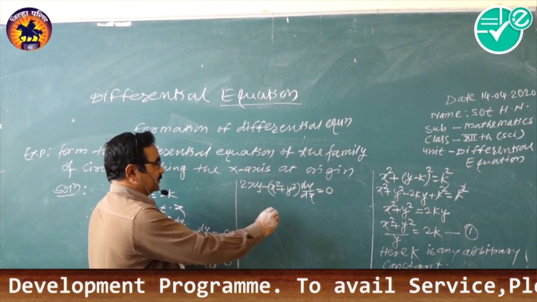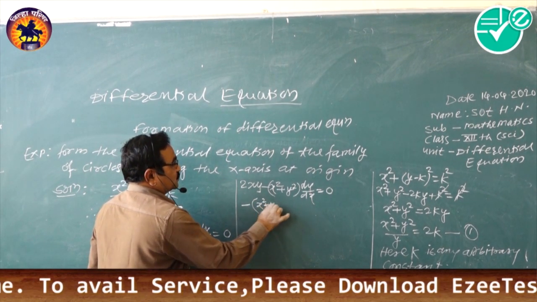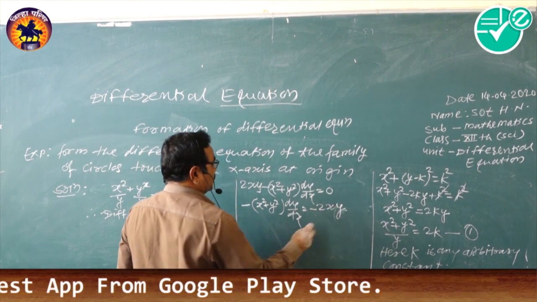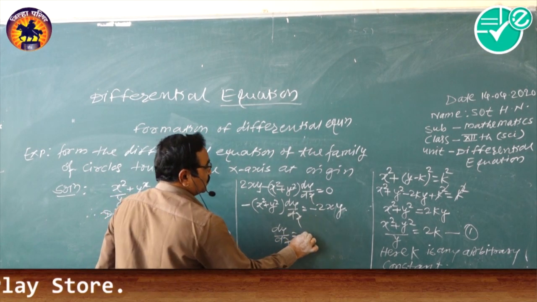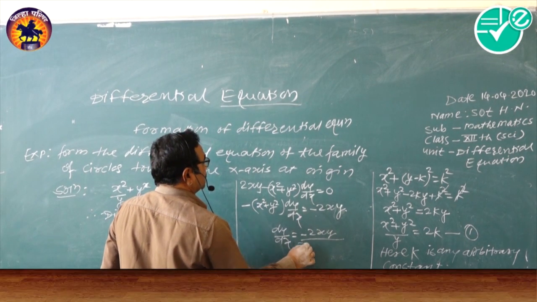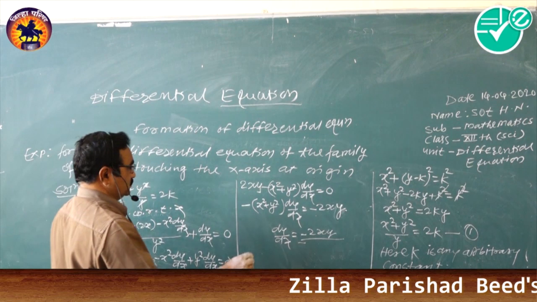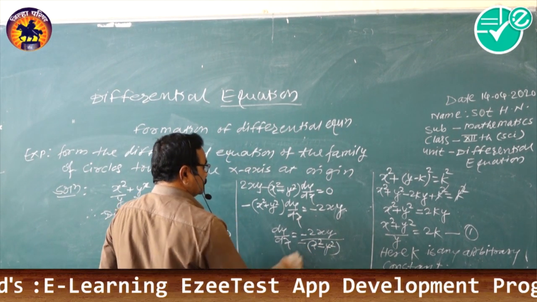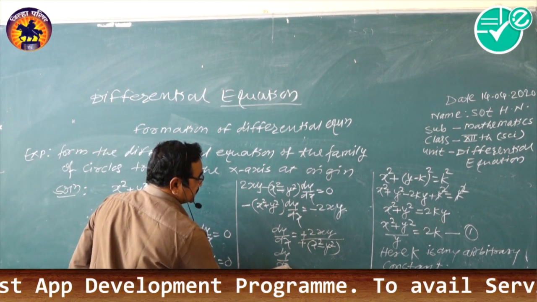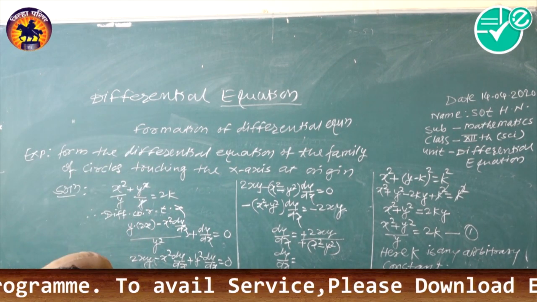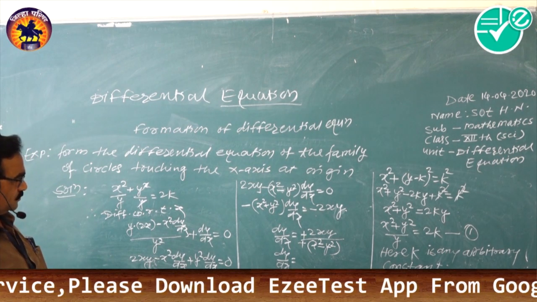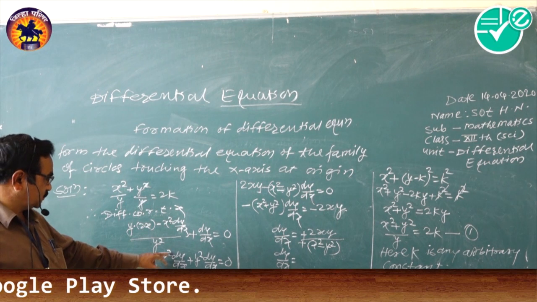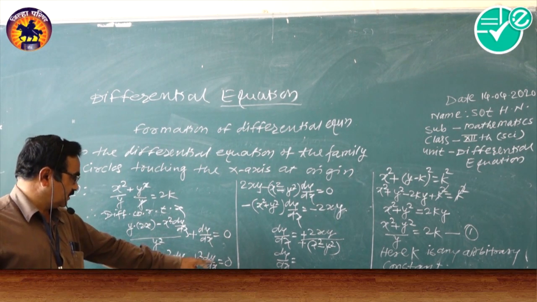Taking dy by dx common, minus x square plus y square into dy by dx is equal to minus 2xy.